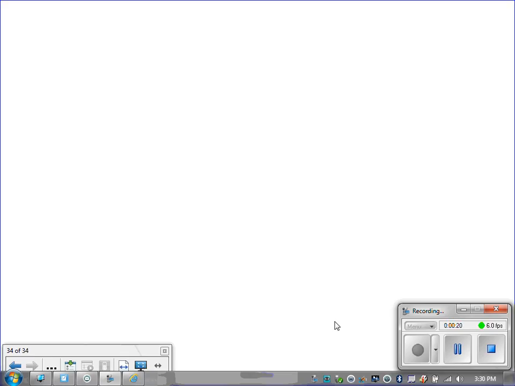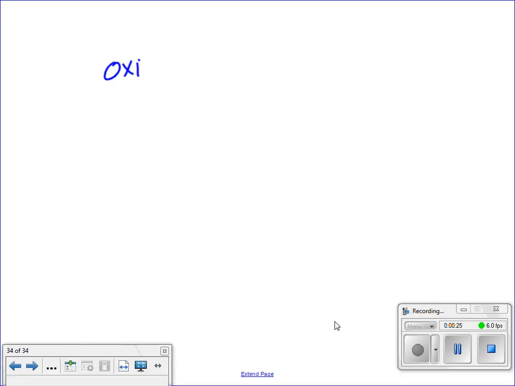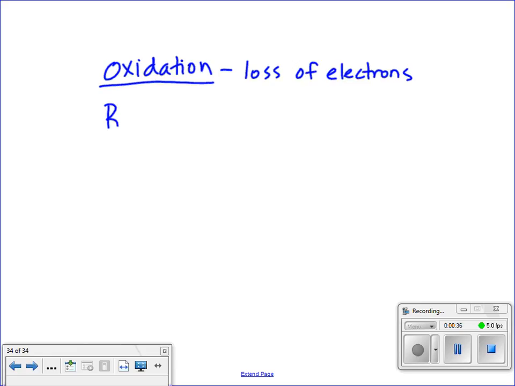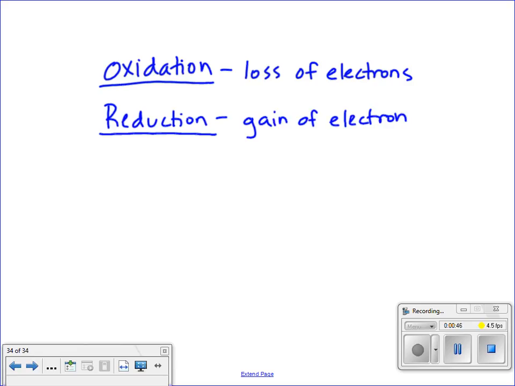We need to quickly go through the following terms for question number 45: oxidation and reduction. Oxidation is a loss of electrons, and reduction is a gain of electrons. And then we have something called the oxidizing agent and reducing agent, that we'll talk about soon.